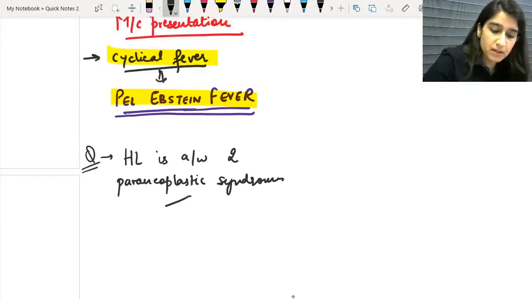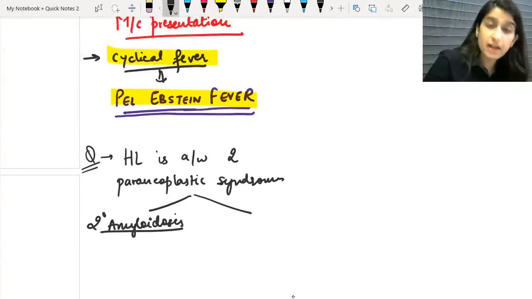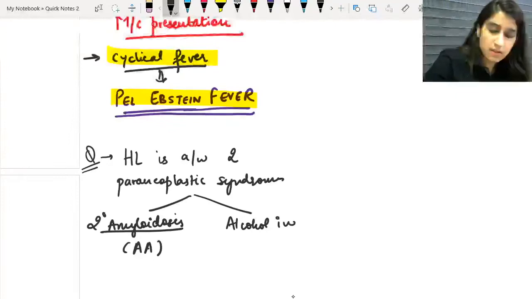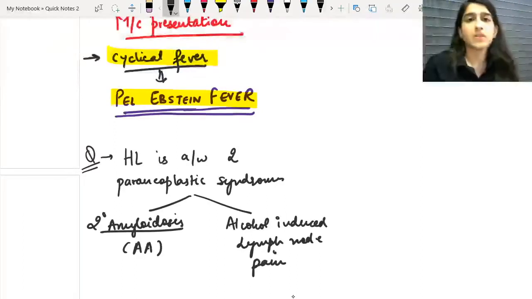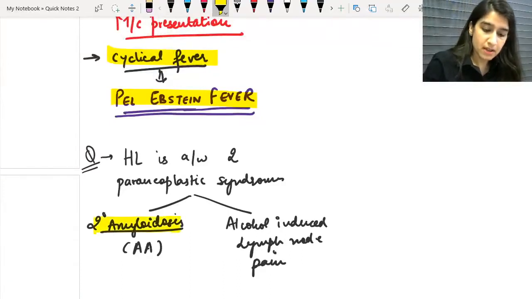Number 1, secondary amyloidosis, that is AA type, and the second one is alcohol-induced lymph node pain. So the answer is secondary amyloidosis and alcohol-induced lymph node pain.